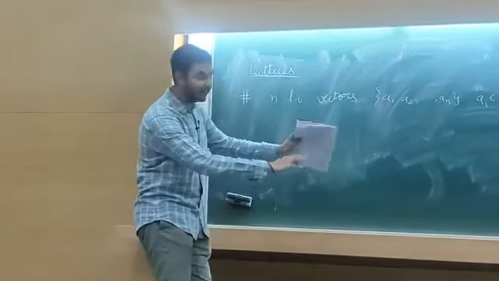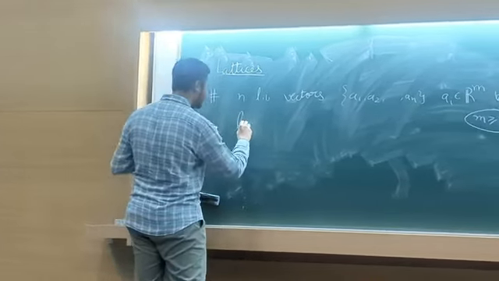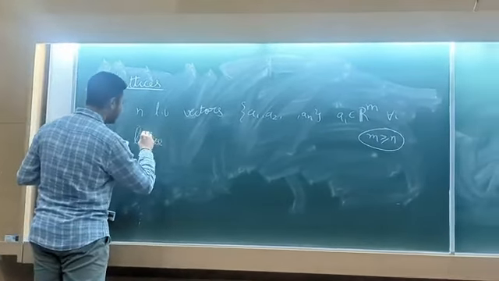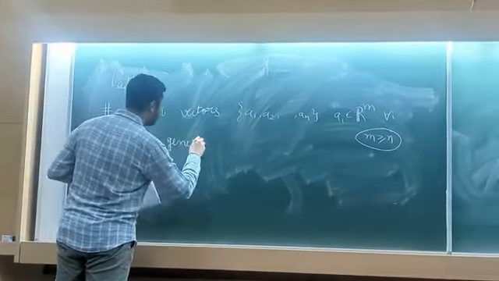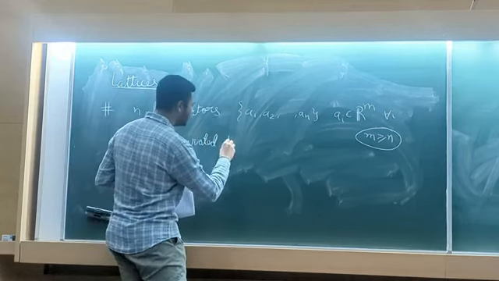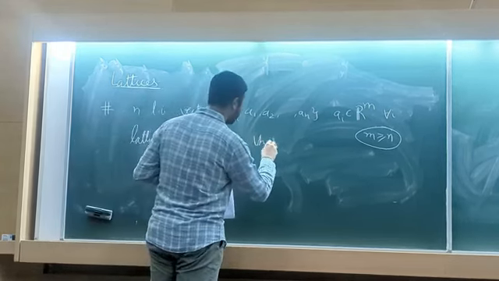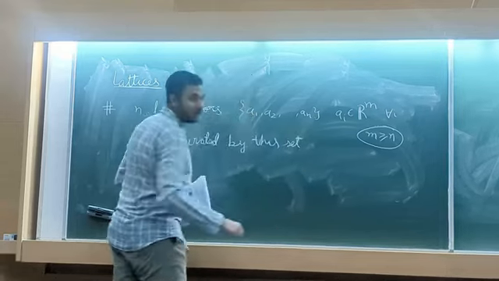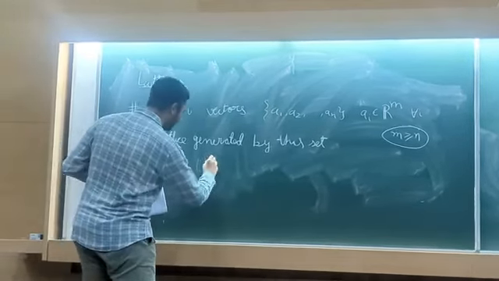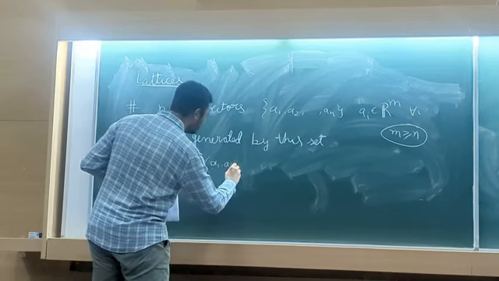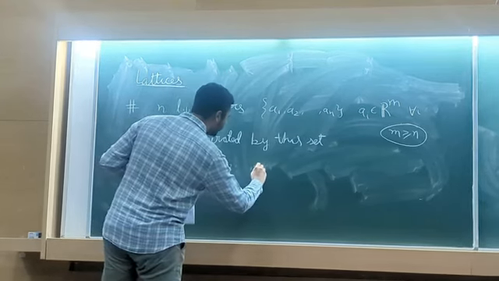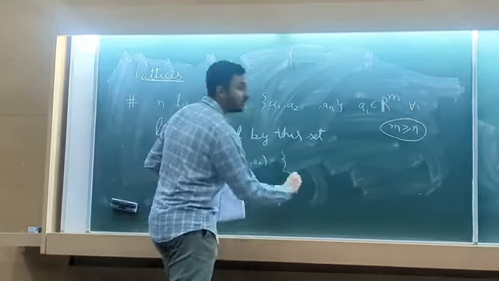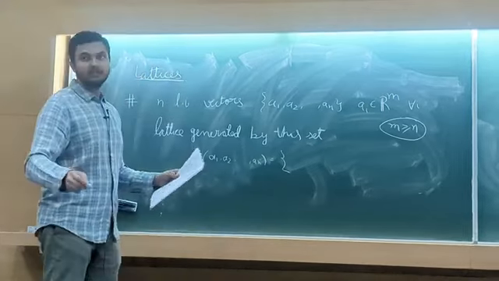Once I have this set, I am going to define the lattice generated by this set, and that I will define as L of a1, a2, so on up till an. The set of integer linear combinations of these vectors.